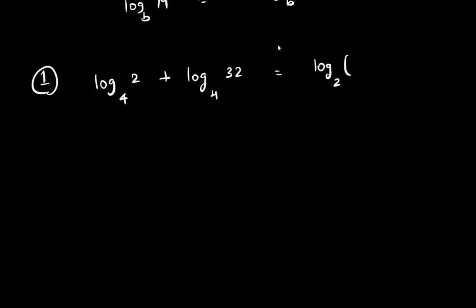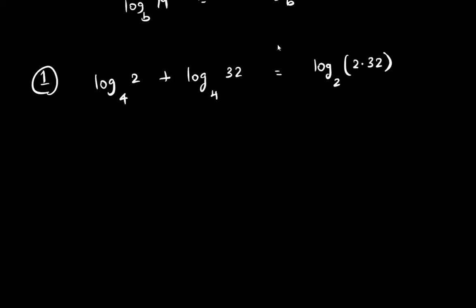So for example, if the question is, can you find out what this is? Here you have a sum of two logs with the same base, which means I can write it as a product of these two.